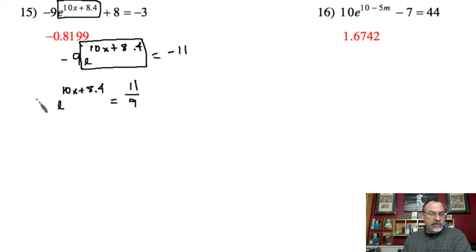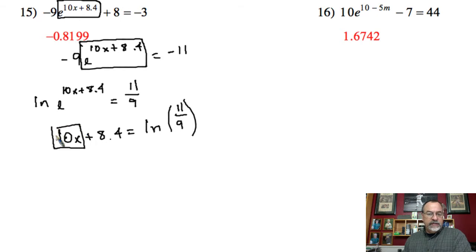Now remember, when I take the natural log of this side, it's going to simplify to this, so I'm going to go ahead and do that in one step. So this is going to end up being 10x plus 8.4 when I take the natural log of this side. But then I also have to take the natural log of this side. So now here's the variable, I need to isolate it. So I'm going to subtract 8.4.